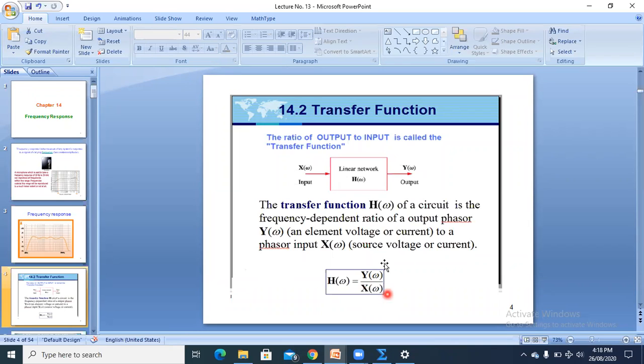In that way, we can find the transfer function of a circuit in the frequency domain or in the form of phasor representation.